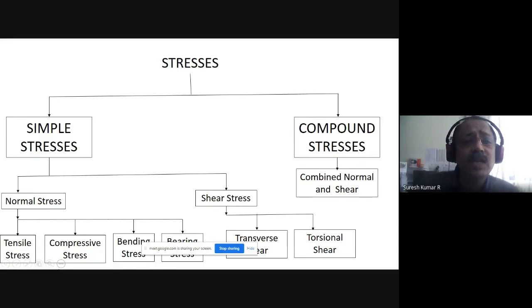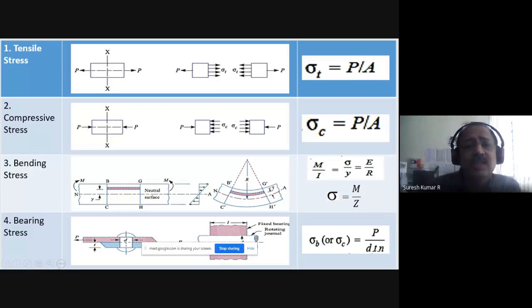Now, if we look at these simple stresses, the stress induced because of equal and opposite pulls is called tensile stress, and the computation of this stress is load by area. Compressive stress is a stress induced due to two equal and opposite pushes, and how to compute this? Again, it is load per unit area.